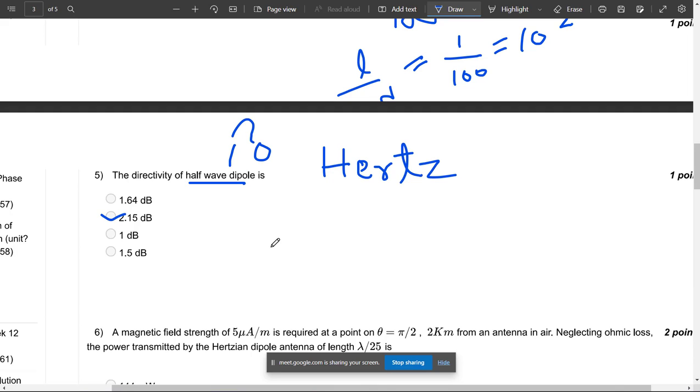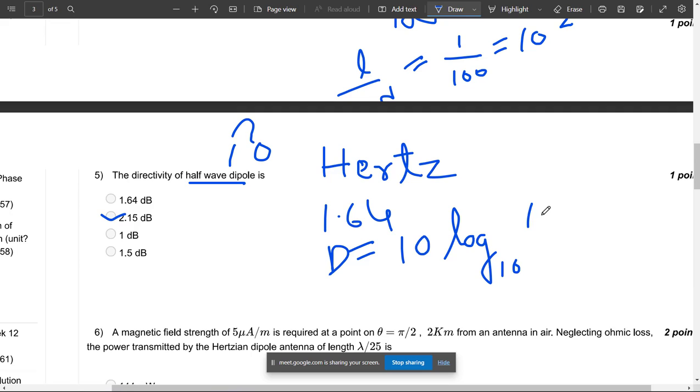So for any value like 1.64, directivity in dB will be equal to 10 log base 10 of 1.64.